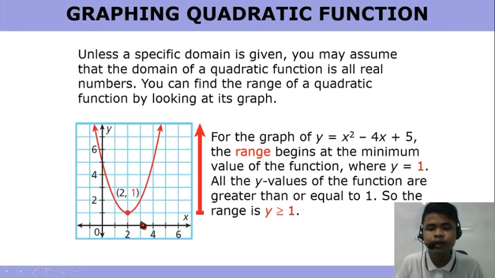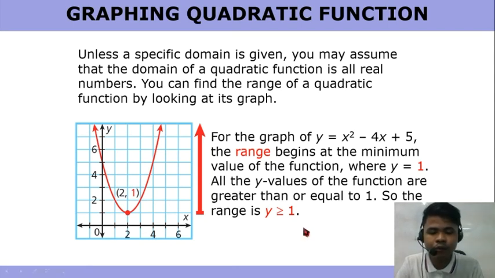Again, the range begins at the minimum value of the function where y is equal to 1. So, in finding the range, we'll always base on the y value or the maximum and the minimum value of the function. Okay, all the y values of the function are greater than or equal to 1. So, the range is y is greater than or equal to 1. Okay, bakit greater than or equal to 1? It is because the parabola opens upward.